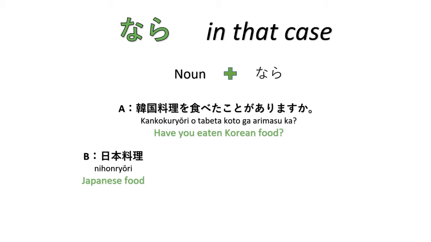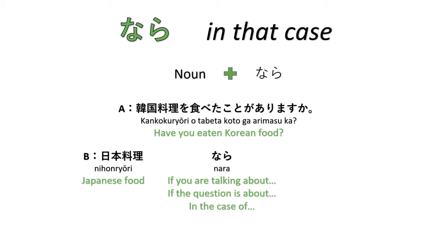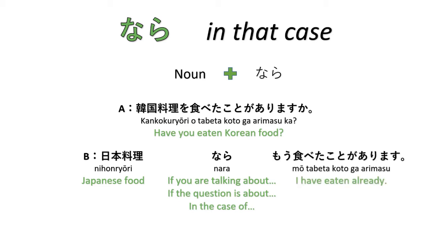So here we use Nihon ryori, and we use nara. If the question is about Japanese food, in the case of Japanese food, mo tabeta koto ga arimasu. Yes, I have already eaten Japanese food. So that is the nuance of the word nara.